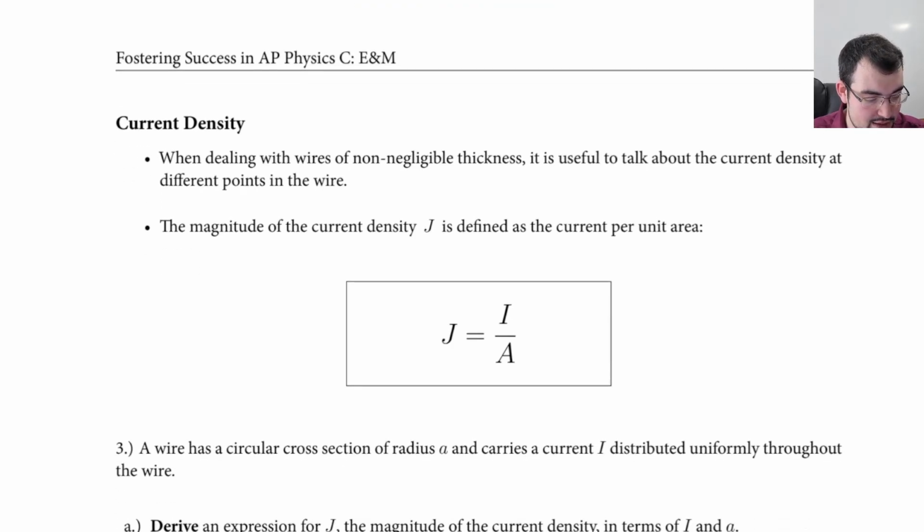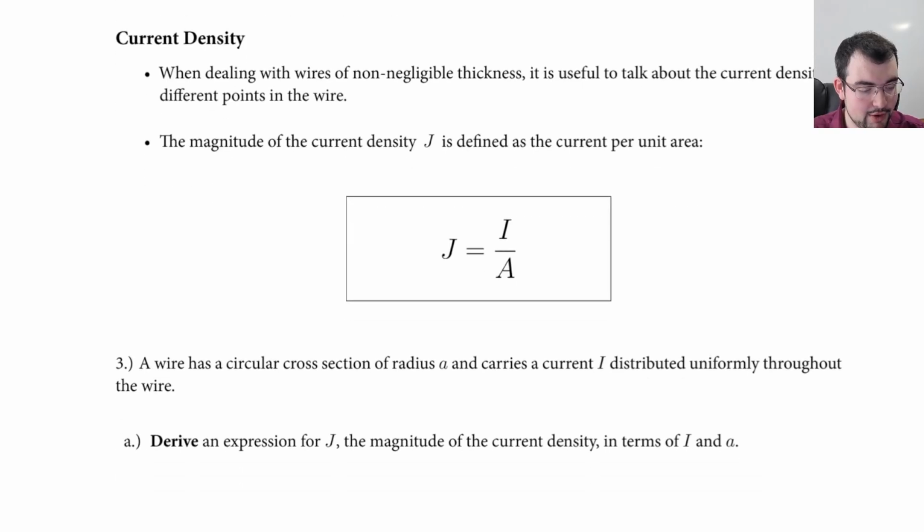Sometimes instead of talking about the total current in a wire, we'll look at its density, as how it's packed in an area, because this can change throughout different wire segments. You can imagine if I have a larger pipe, you want to think about current as water, and then we have a smaller pipe, the current would be more densely packed if you have to shepherd those electrons into the smaller tube.